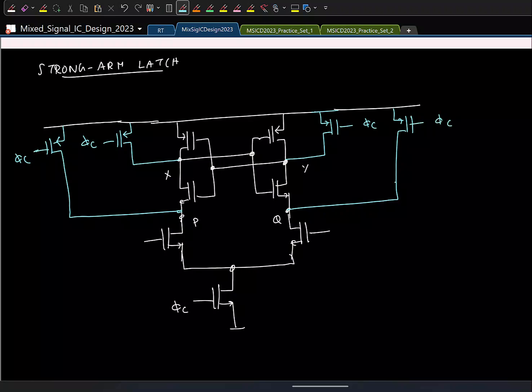Otherwise, the circuit is the same. Not really, because since we are cutting this off, NMOS will be off. It turns out that this has some issues with dynamic offset. I don't want to cover it. This modification was done later, I think by Razavi, I'm not sure.